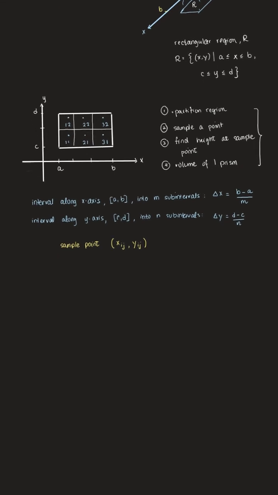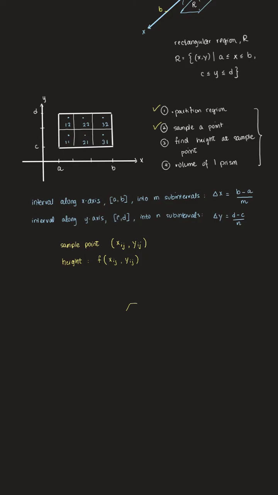And then we will find the height, right? So we've partitioned our region, we found a sample point. Now at each sample point, we take the height from that point to our surface. So this is going to be our function value at x sub ij, y sub ij.